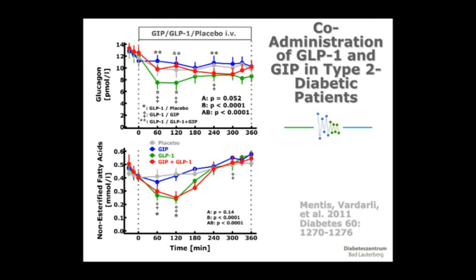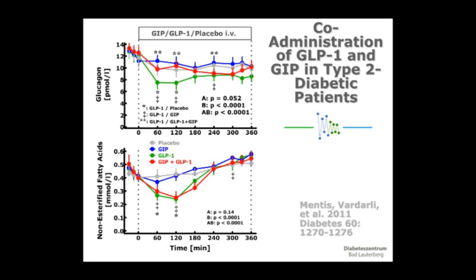So this tells us it does not only help to control glucose, but it may rather be untoward if you want to lower glucose, because the suppression of glucagon contributes to the fall in glucose. And the free fatty acids are only suppressed in those experiments where you infuse GLP-1 and is not affected by GIP.